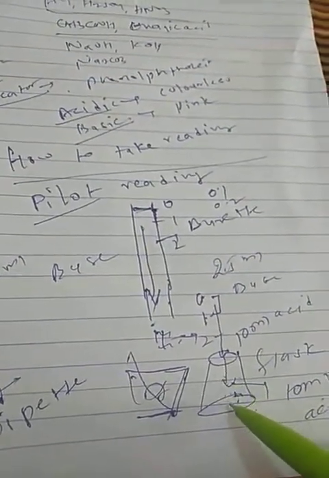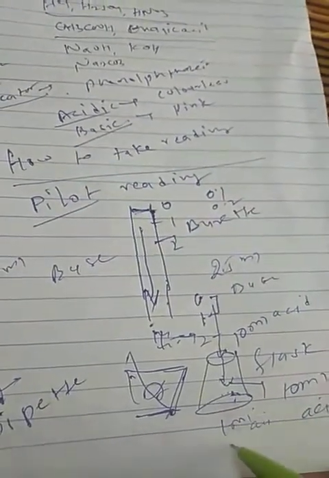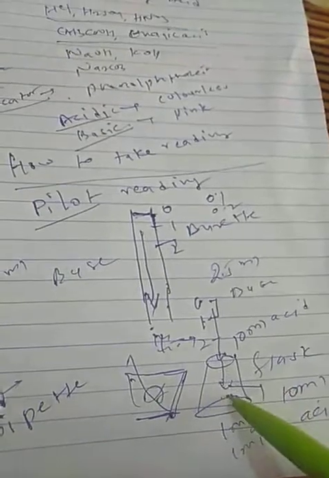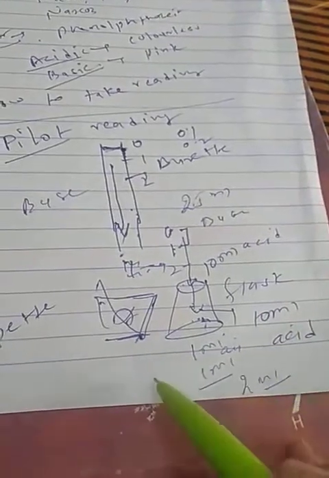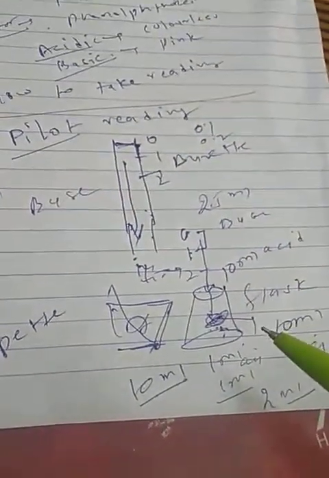So 1 ml of acid from the flask and 1 ml of base from the burette are going to neutralize and give 2 ml of neutral solution. Okay, so one by one while we are adding, you will get pink color, but while rotating the flask the color was going to disappear.